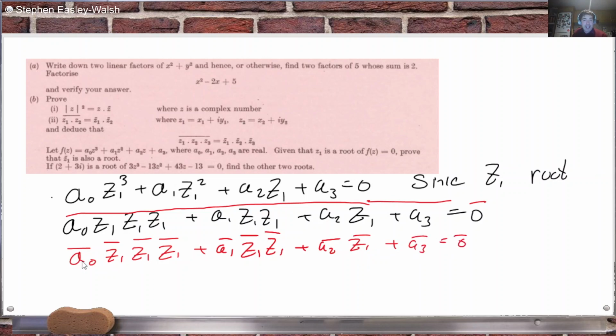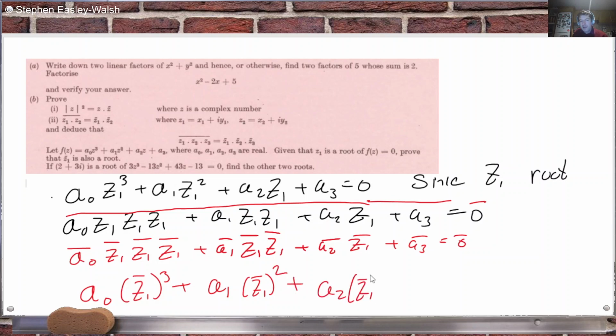But because a is real, conjugating it doesn't affect it. So that's a0 z1 conjugate cubed plus a1 z1 conjugate squared plus a2 z1 conjugate plus a3 equals 0. So therefore z1 conjugate is a root.